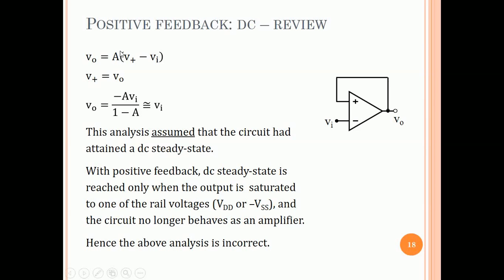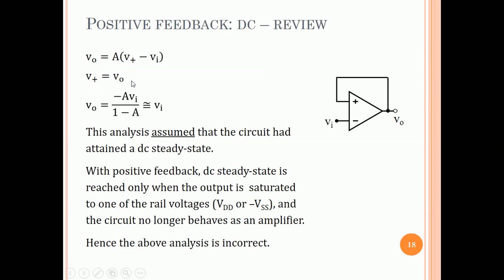Now in an actual circuit with positive feedback, because of saturation, the gain becomes smaller and smaller and it no longer is high, and therefore these equations themselves become invalid. The circuit reaches DC steady state only with the gain becoming practically, well, very small or zero.